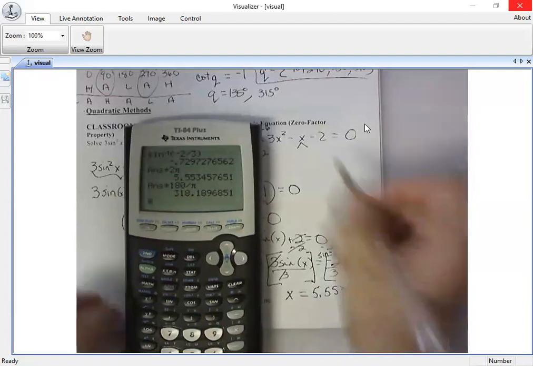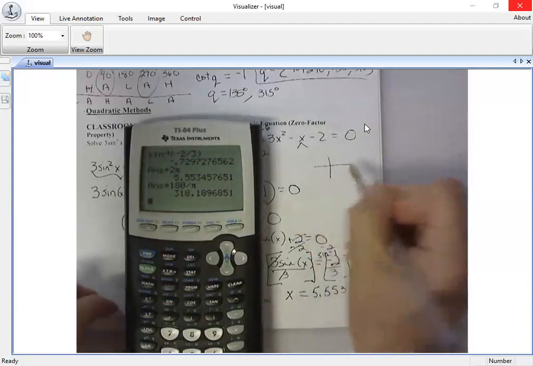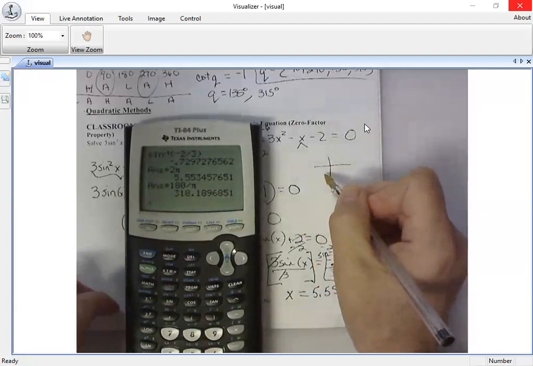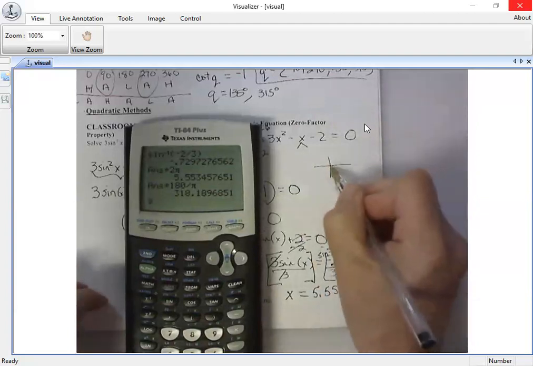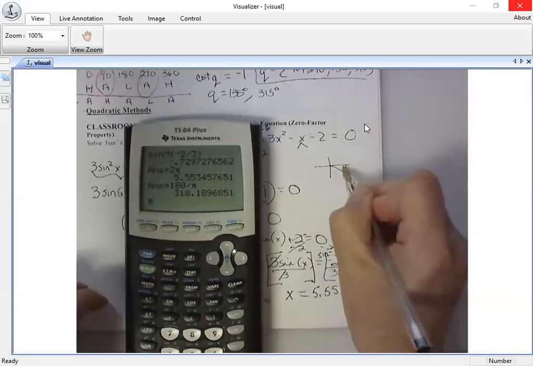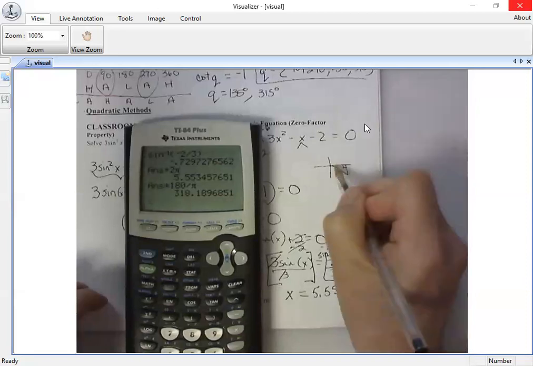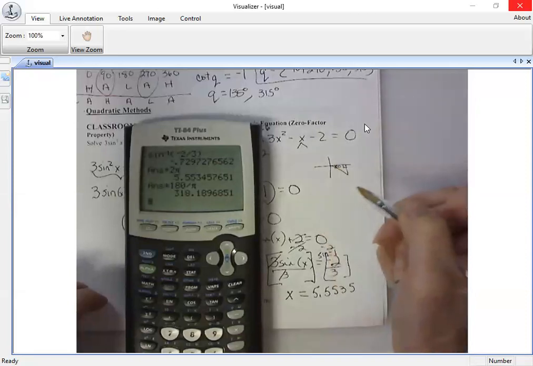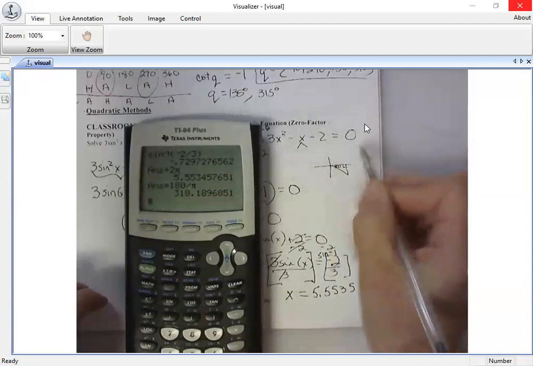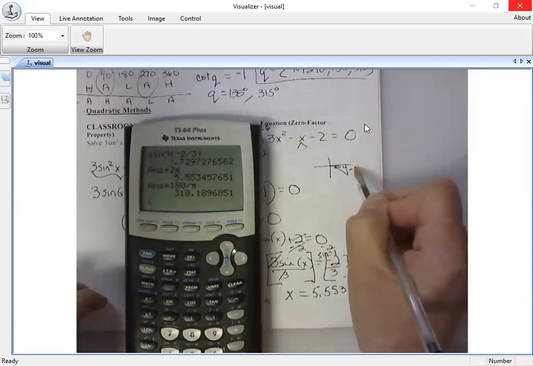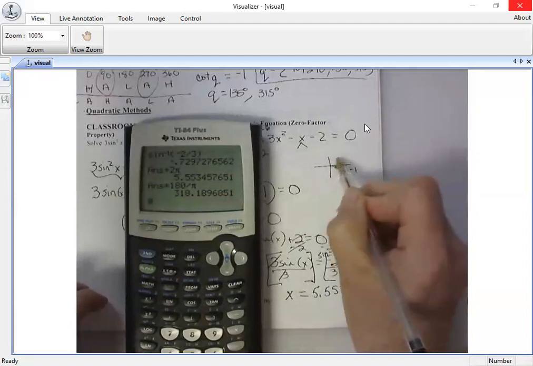Think about it this way. Let's pick something like, let's look at a 30, 60, 90. Okay, so let's say if this was 30 degrees here, okay, then this would be a 1, this would be the square root of 3, and this would be a 2.